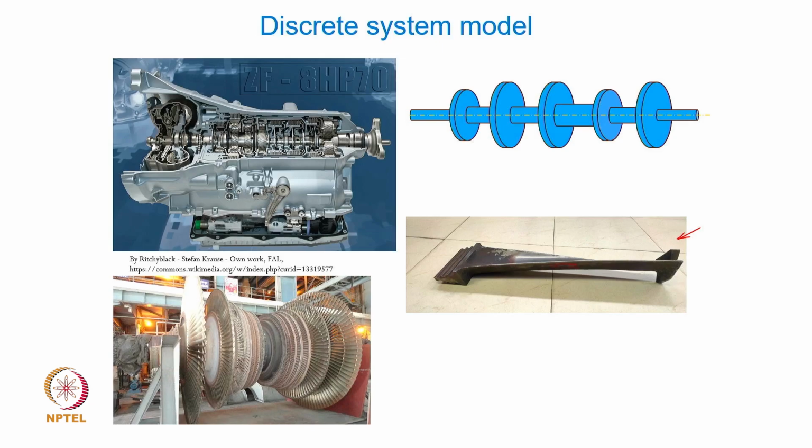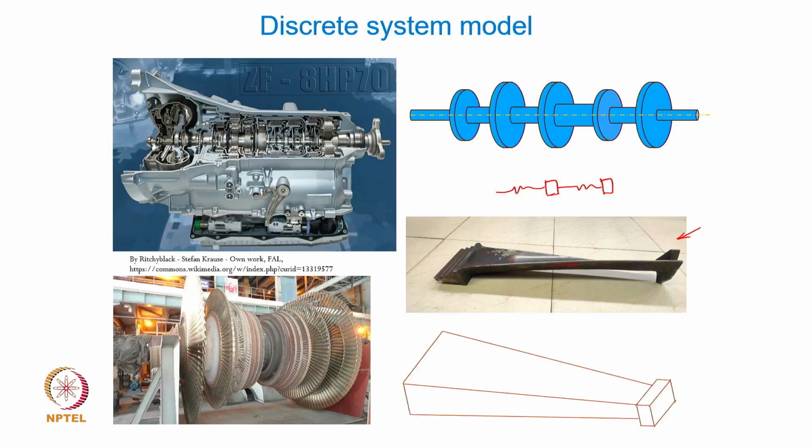And if you want to model this as a vibratory system, it looks very odd to model this like a spring mass system with 1 or 2 masses connected, right? Even if you want to model this as a torsional vibratory system or a longitudinal vibration system, the modeling is not going to be very simple.